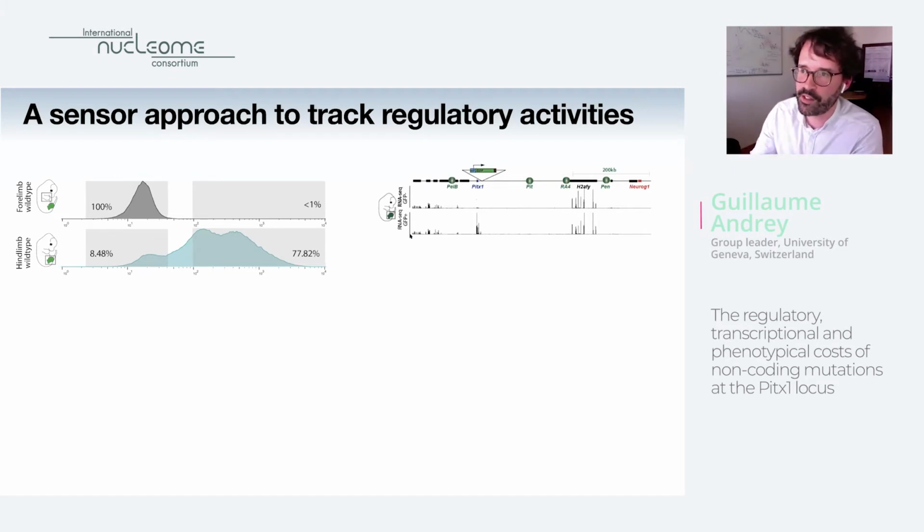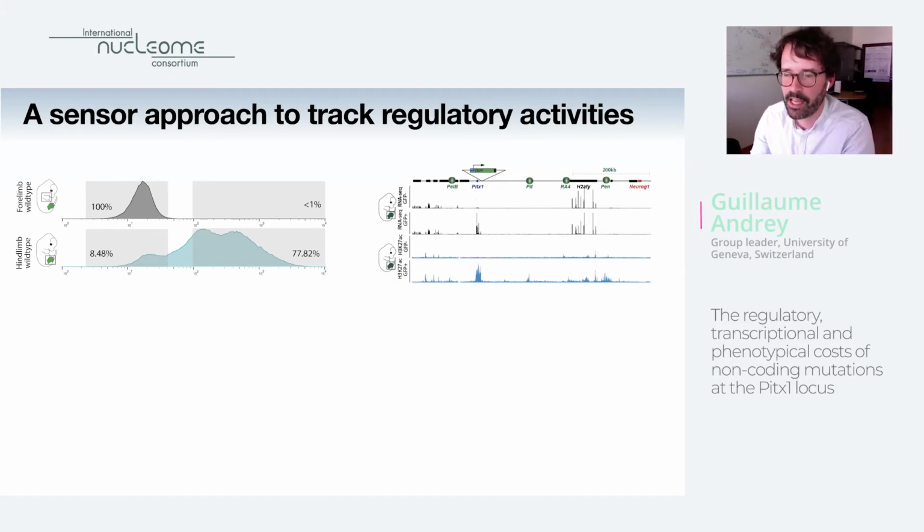Then we can move towards more chromatin study. The first thing that we did was to look at H3K27 acetylation, this active promoter and enhancer mark. And we saw something pretty surprising, actually answering one of the questions I had in the introduction before: in the cells that do not express Pitx1, the GFP negative cells, we don't see any acetylation at the promoter, nor at any of the enhancers.